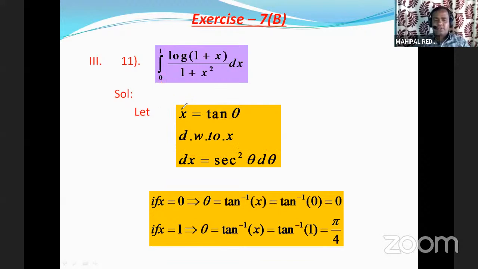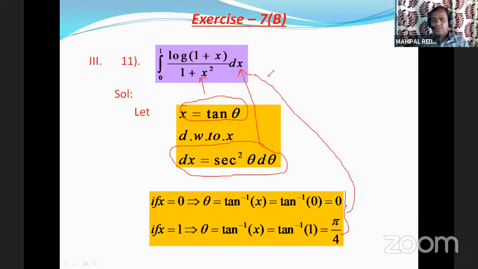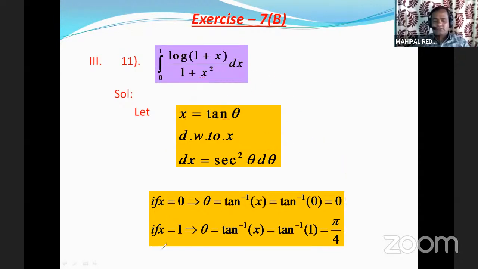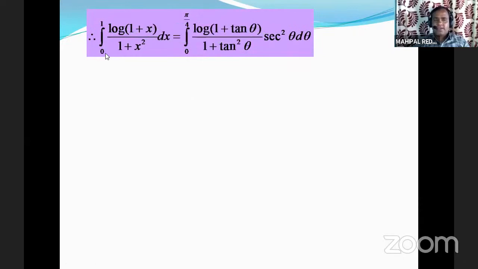Now we have to substitute the x value in the given question, substitute the dx value also, and substitute the changed lower and upper limits.